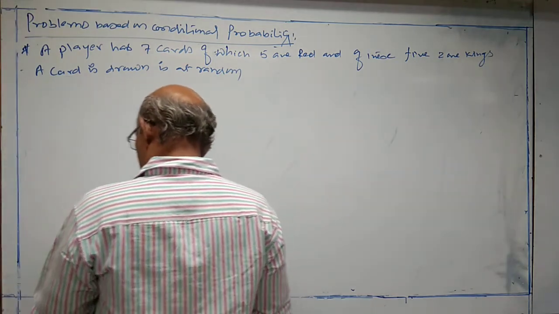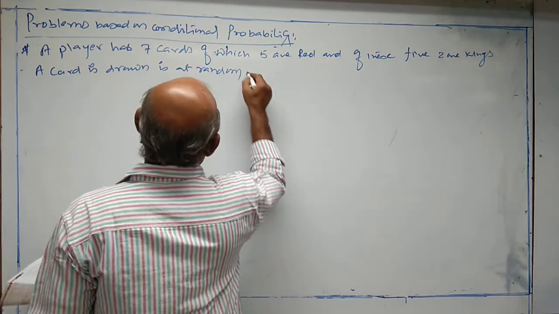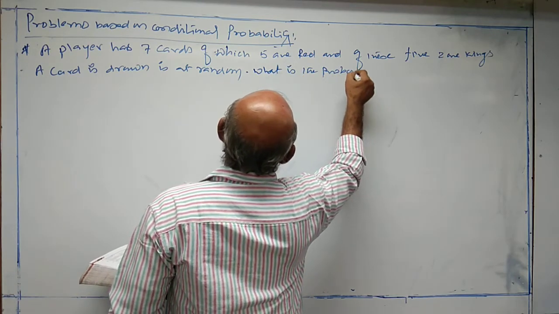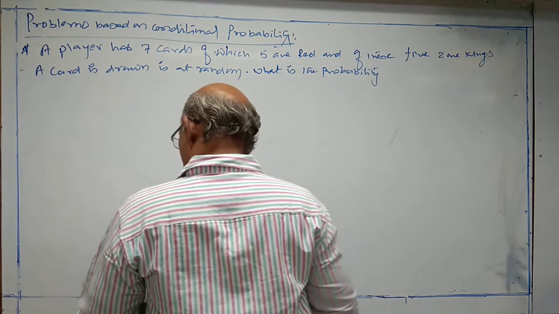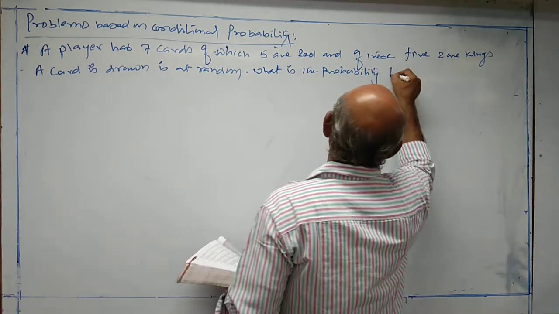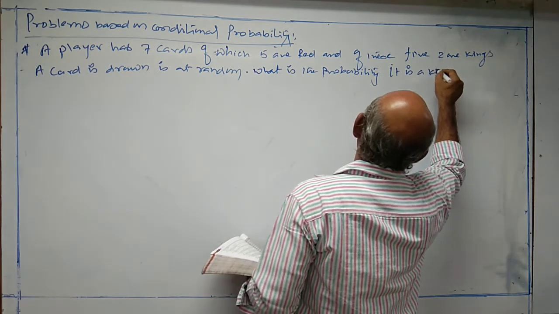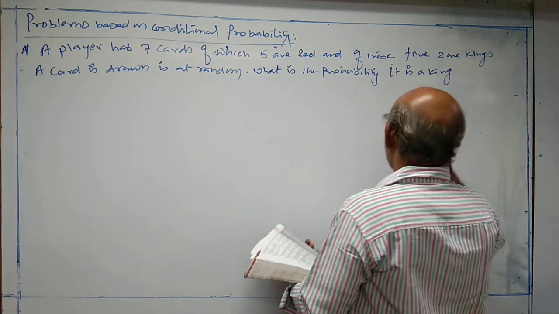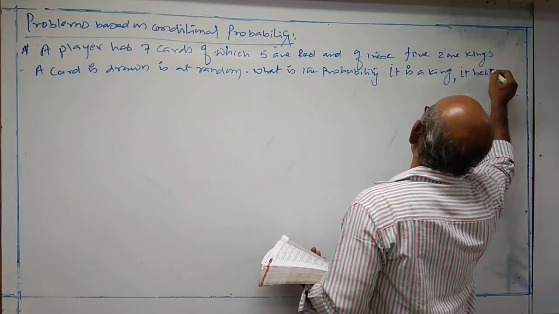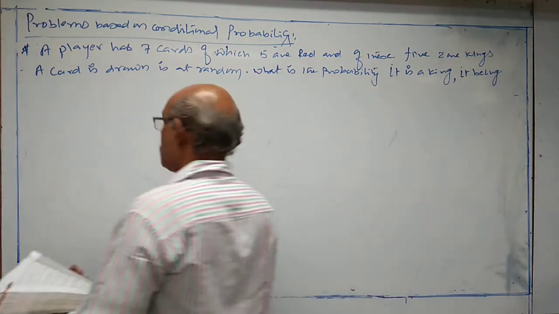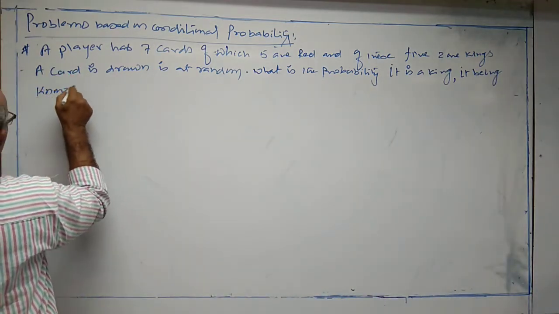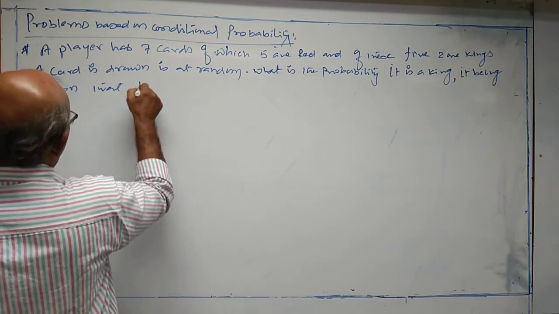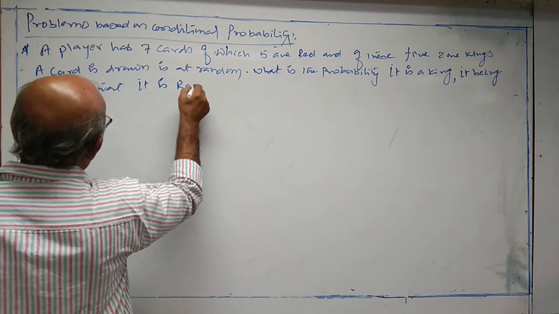A card is drawn at random. What is the probability that it is a king, it being known that it is a red card?